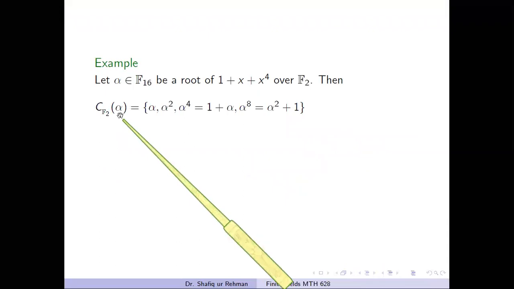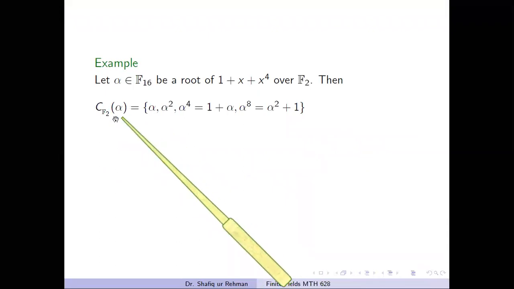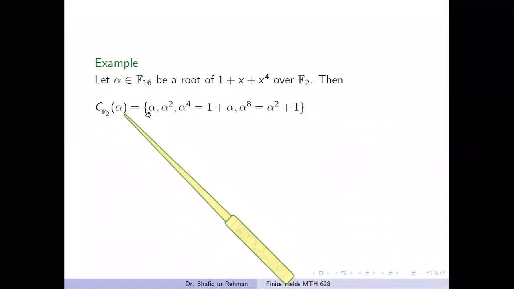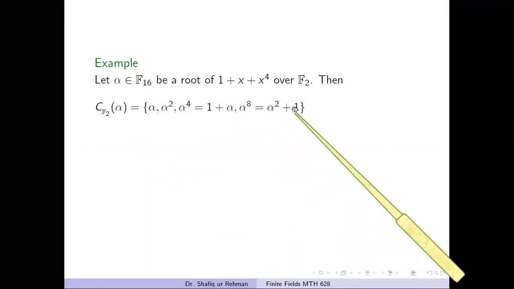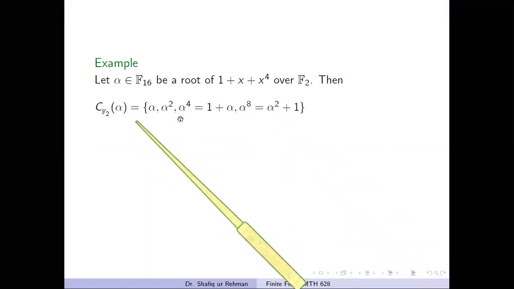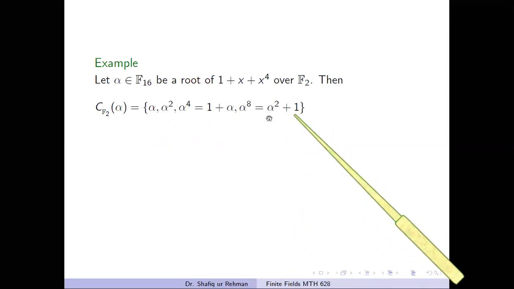We will stop. So here, if we find conjugates of alpha over F2, we will take powers of alpha: first alpha, then alpha square, then alpha power 2 power 2, then alpha 2 power 3, and then alpha 2 power 4 is 16, that equals alpha again, so we will stop here.